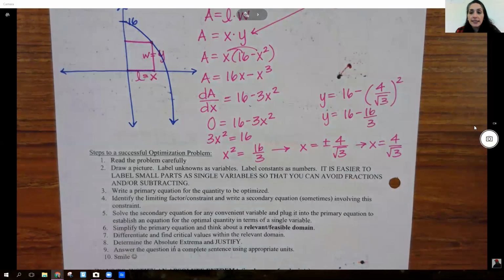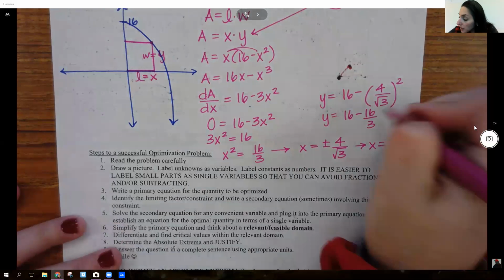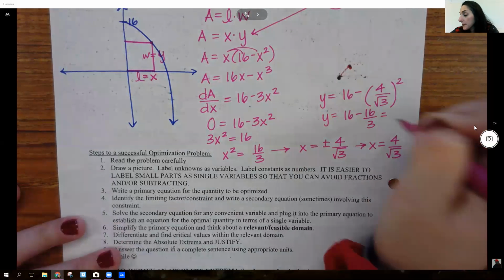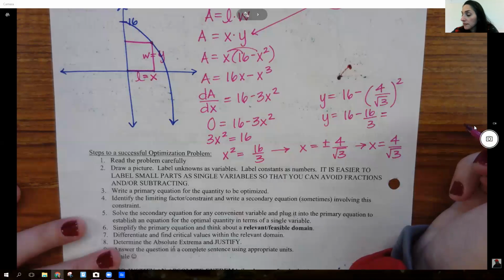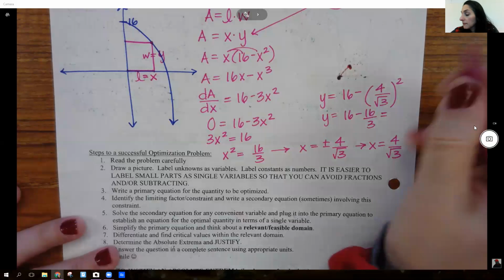And what is 16 minus 16 thirds? Would it be 32 thirds? Yep.